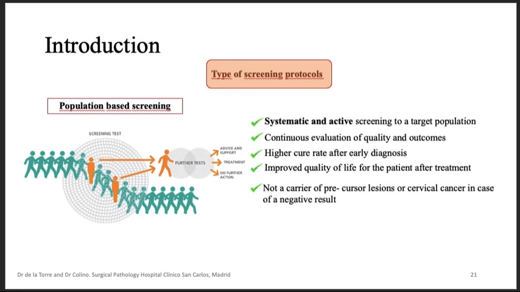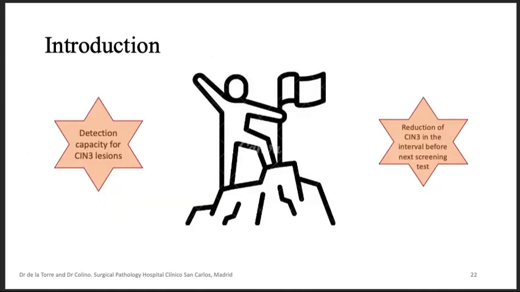Among the main benefits of this screening protocol, the following can be highlighted: a higher cure rate after early diagnosis, improved quality of life for the patient after treatment, and the assurance that a woman is not a carrier of precursor lesions or cervical cancer in case of negative results. However, the greatest achievement is the increased detection capacity for CIN 3 lesions and the greater reduction of CIN 3 in the interval before the next screening test.